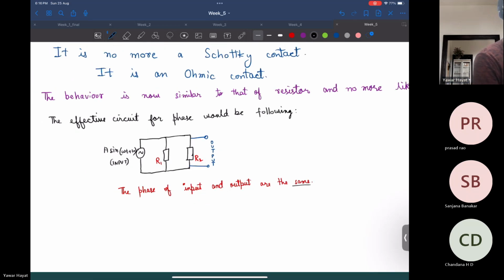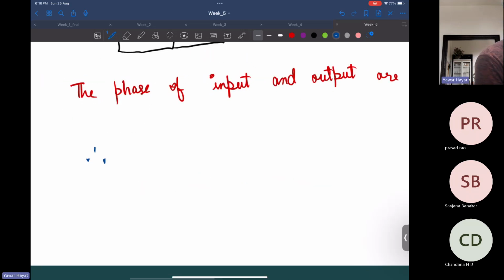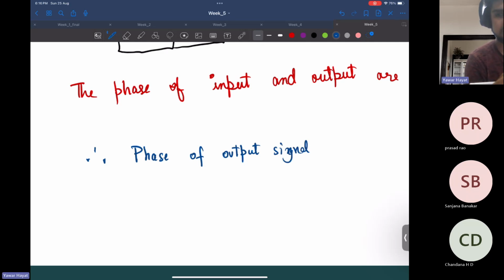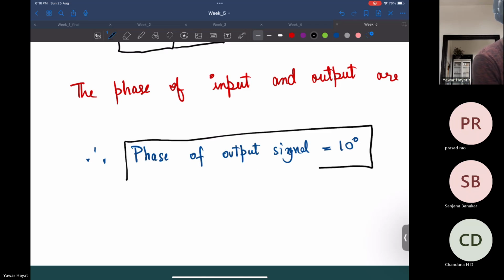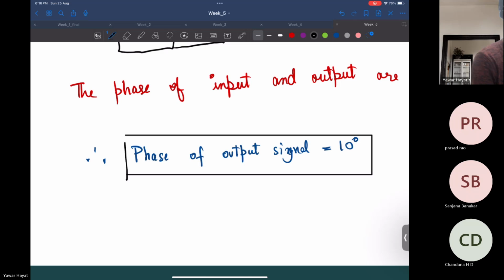So therefore the phase of the output signal would be the same as the phase of the input signal, and that would be your 10 degrees, right? Makes sense, right?